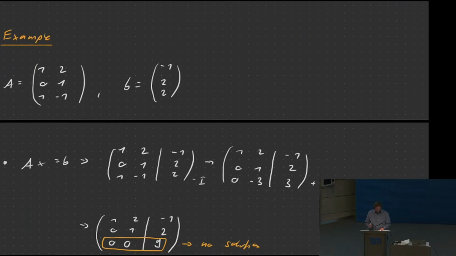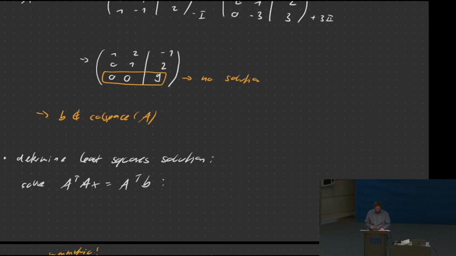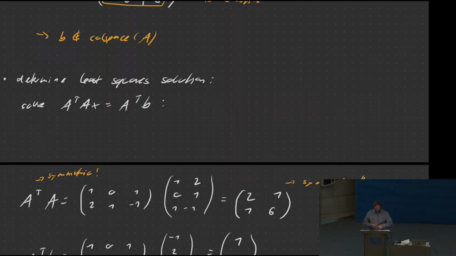Here's a quick example. Say we have this matrix and this right-hand side. And if we just try to solve that system, we find it's not feasible, so there's no solution. So we want to determine the least squares solution, and we do that by solving this system instead.